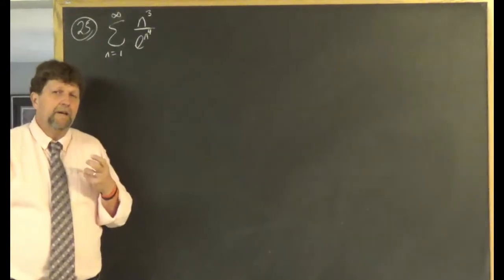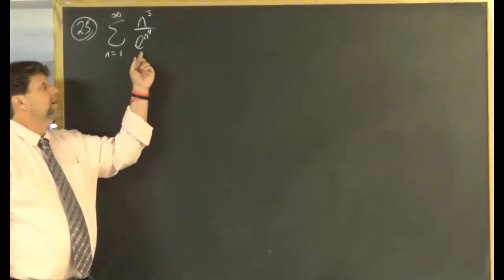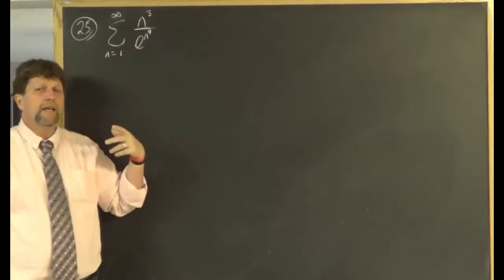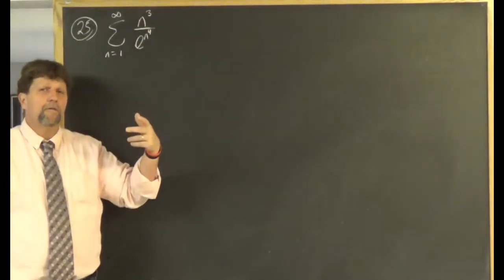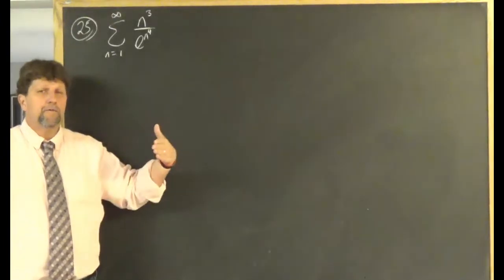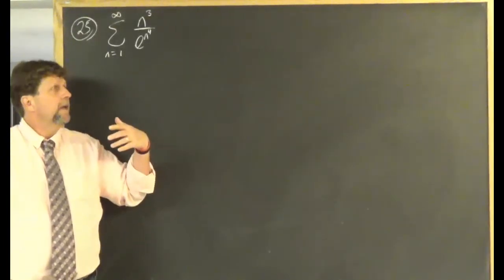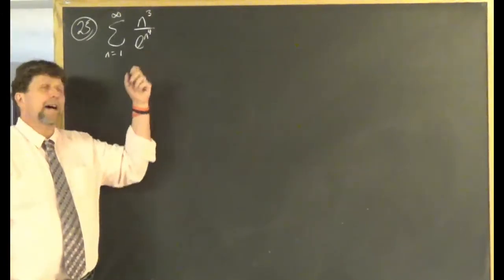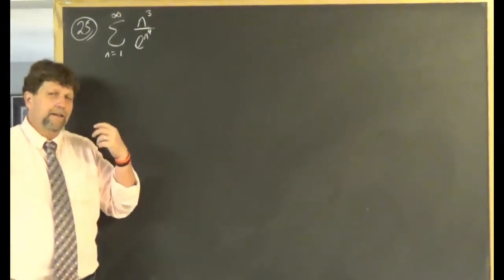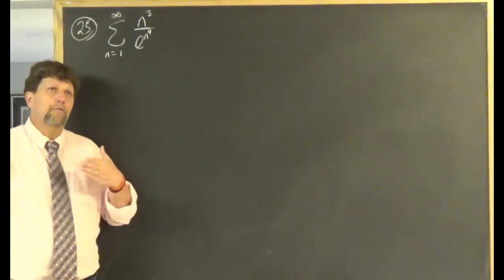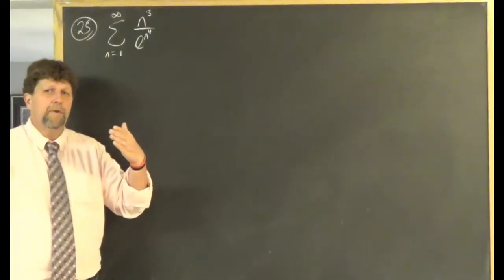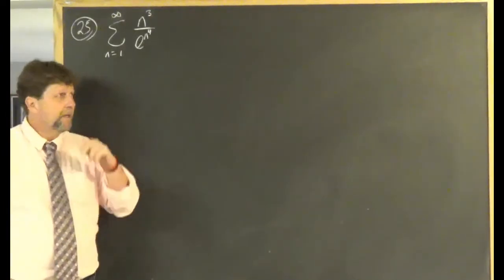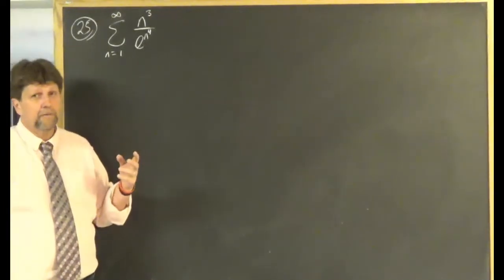Okay, immediately my gut feeling is, as n goes to infinity, those terms are approaching 0. I bet they're approaching 0 rapidly too, because that denominator is the exponential function e raised to an n to the 4th power. So my gut feeling is this beastie converges, but I have to do some work.